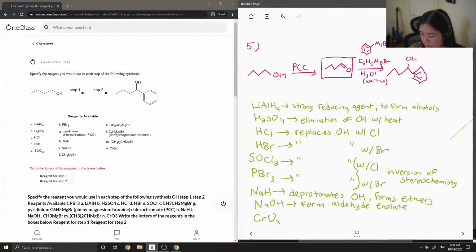And then lastly is chromium trioxide. This is something that you would use for Jones oxidation. It is a very strong oxidizer, and it will convert your OH all the way to a carboxylic acid, or ketones if it was in the middle.